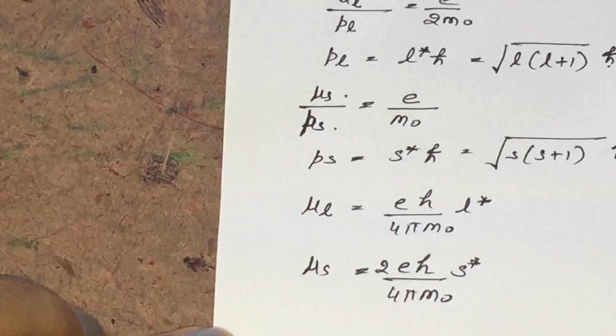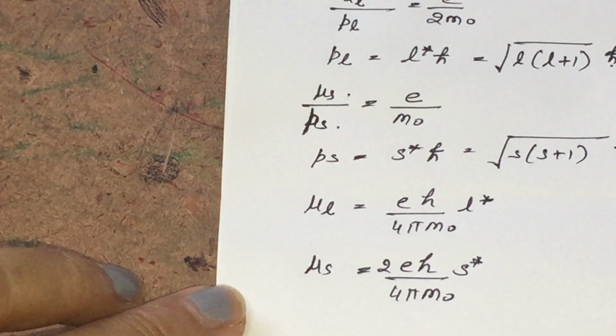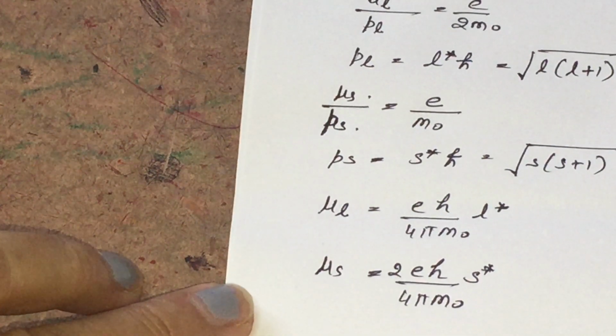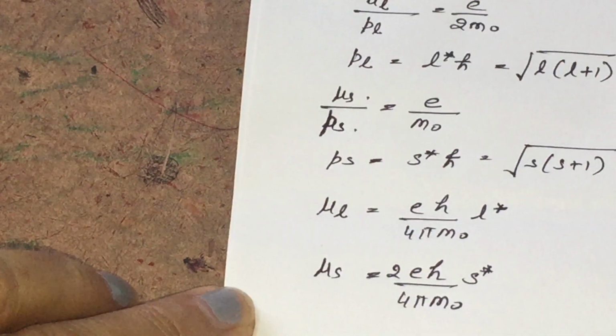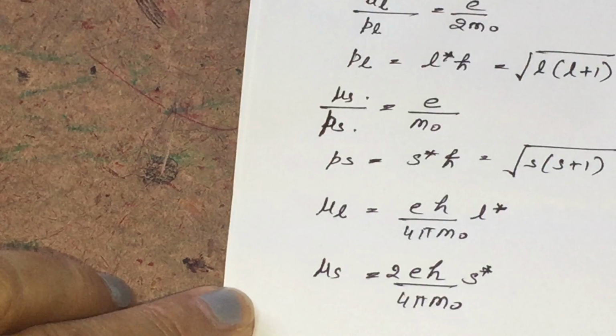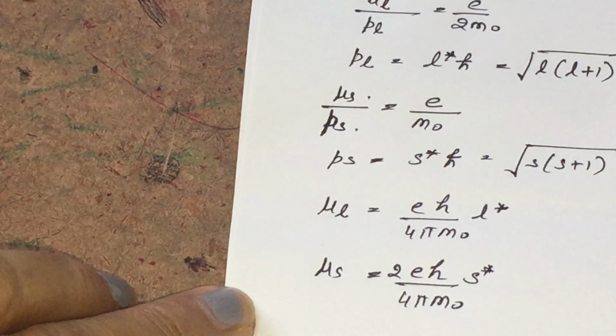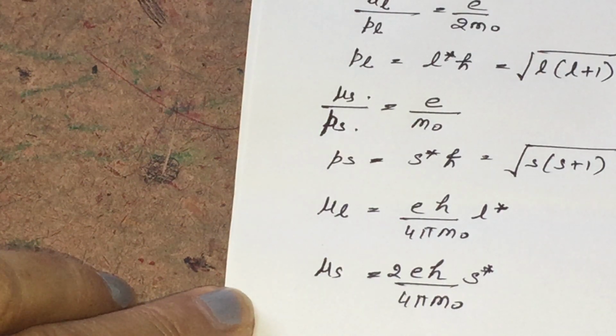If we draw these momenta as vectors, we will find that these angular momenta and these magnetic momenta combine together to give a resultant magnetic momentum of our atom.